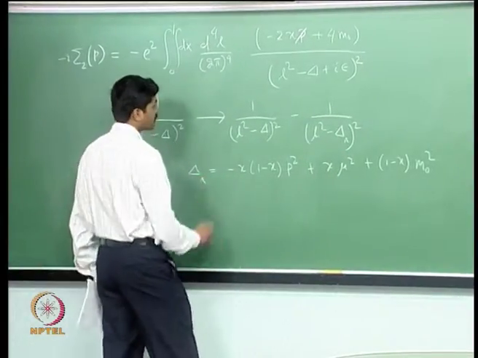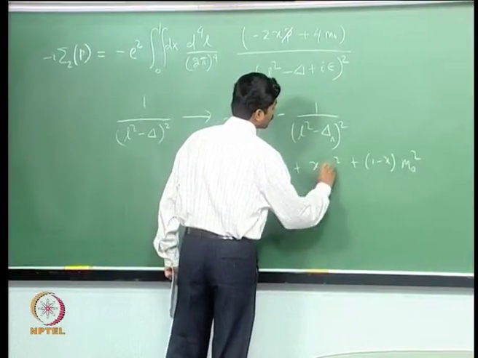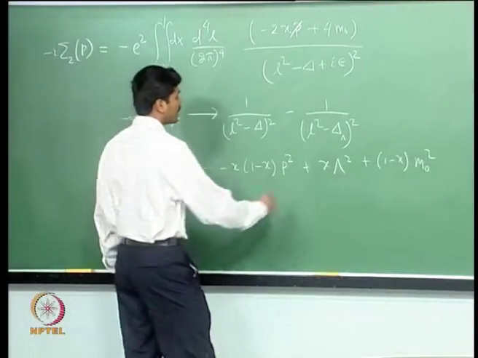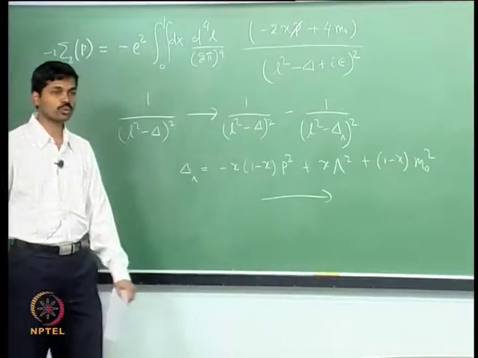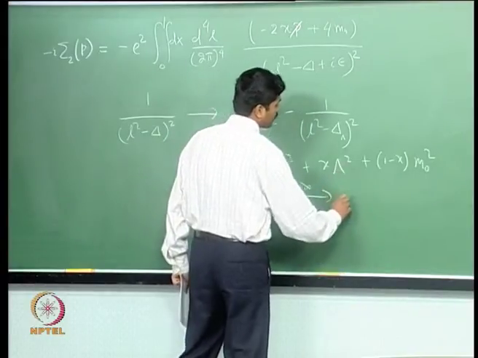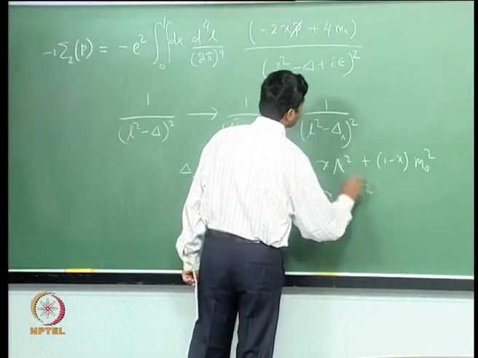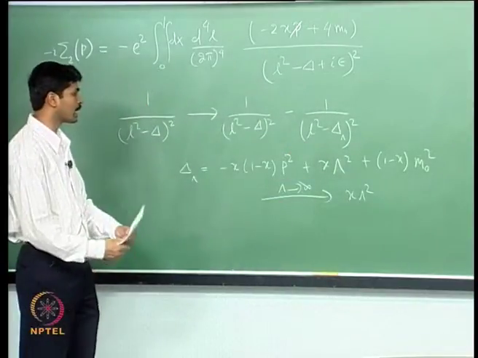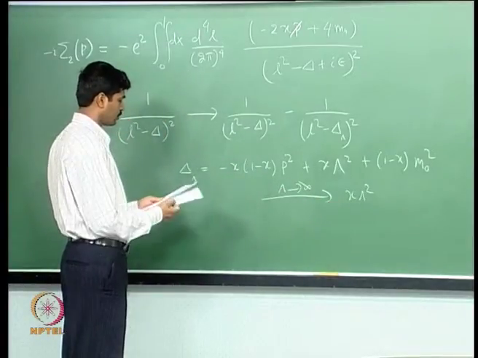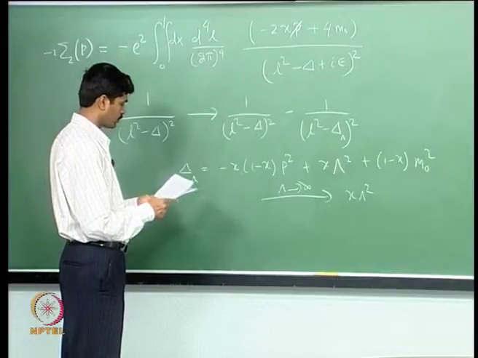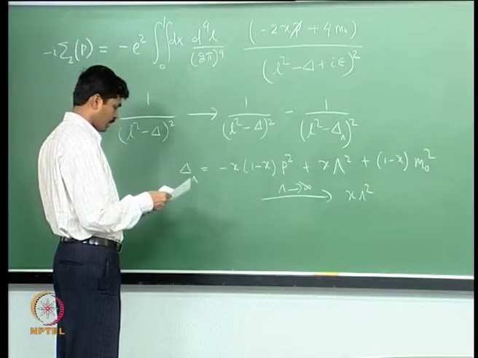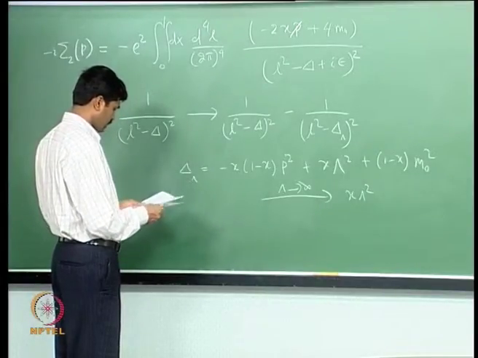So delta lambda is merely given by this, where this mu square is substituted by lambda square, and ultimately we will be interested in the limit lambda goes to infinity. Therefore, in the lambda goes to infinity limit, this is merely given by x lambda square. So in place of delta lambda, we will simply use x lambda square. So this is what we will be interested in evaluating.